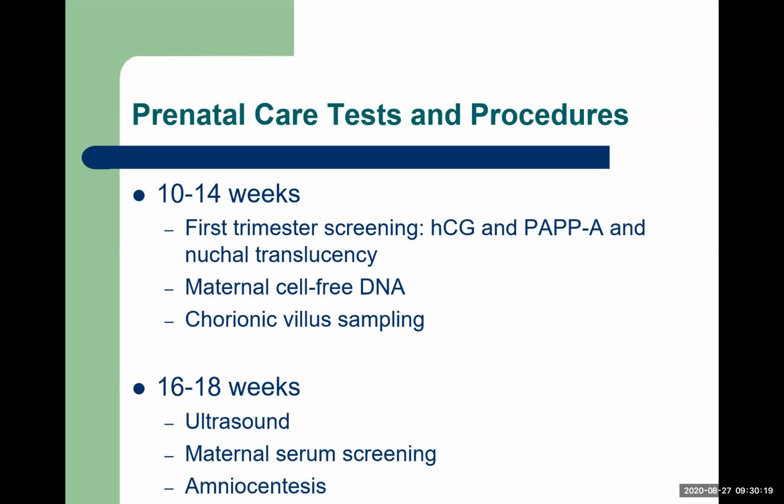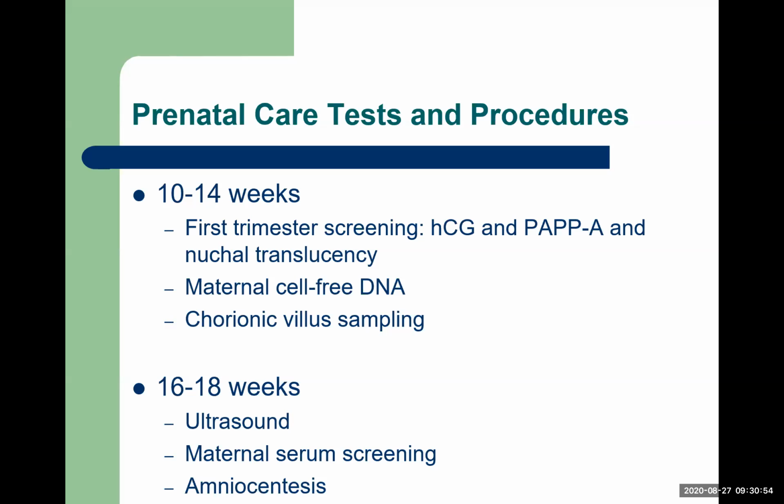Then in the second trimester, between 16 to 18 or 20 weeks, we perform an ultrasound to look for any fetal anomalies, look at any placental disorders or any amniotic fluid disorders. And during this time period is when we offer maternal serum screening AFP as well, that screens for Down syndrome, trisomy 18, and open neural tube defects.